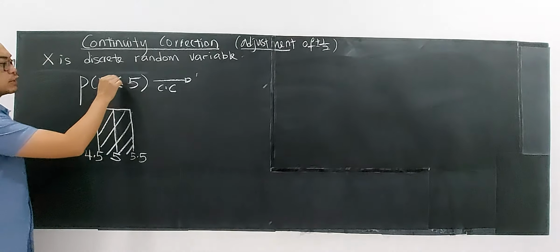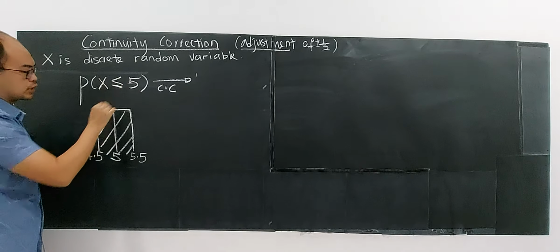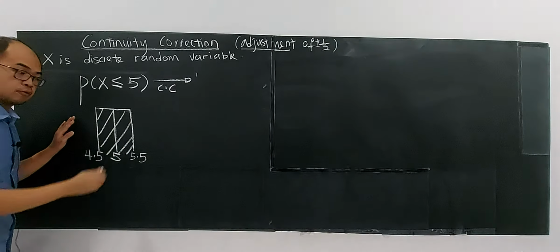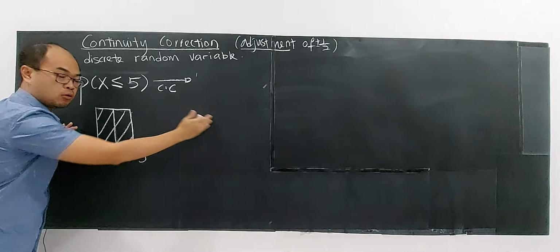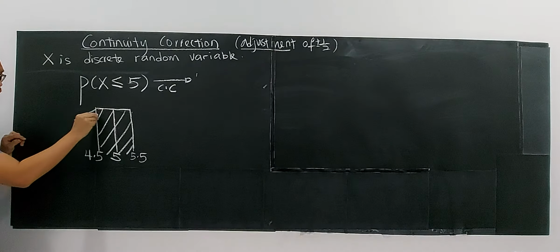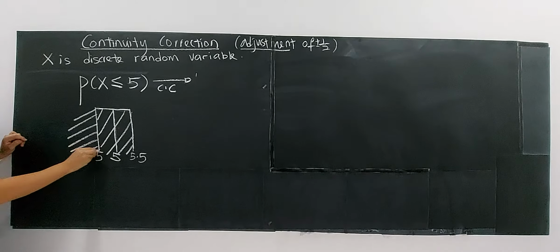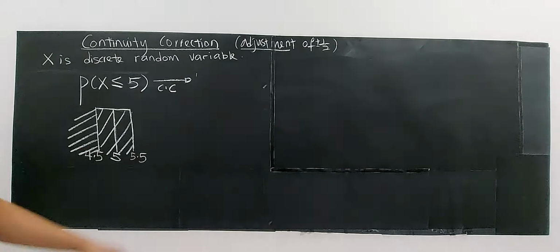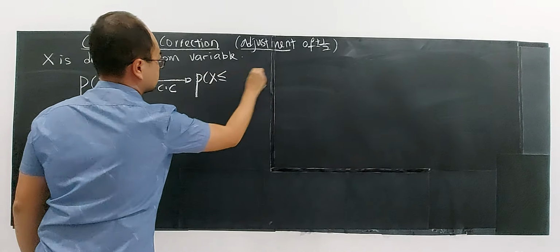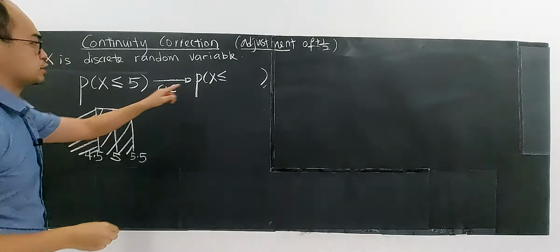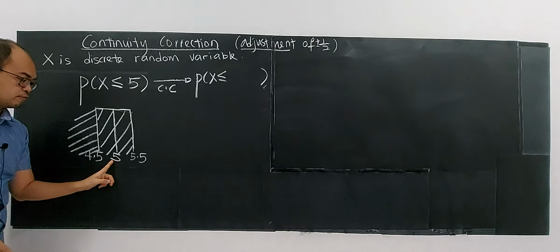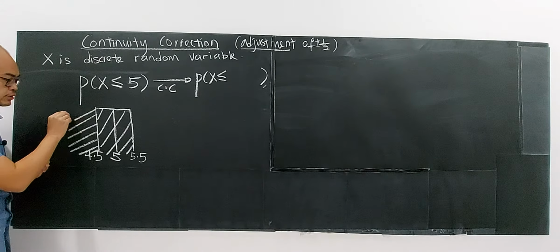We shade the region because there is an equal here. Because this is less than, even though there is equal, that's why I shade less than. Less than means right or left? This must be more than, right? 5.5 and above. This is less than. So less than means this region. Alright, less than. So now if you look at this, after you do continuity correction, the 5 is no longer 5, because you see the region here.